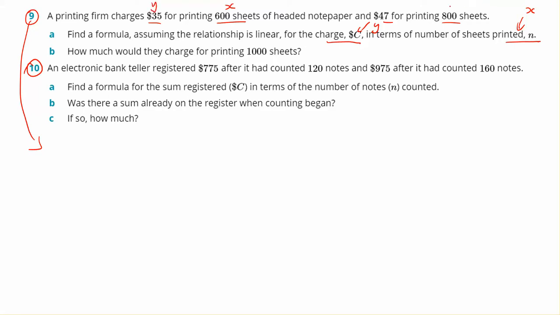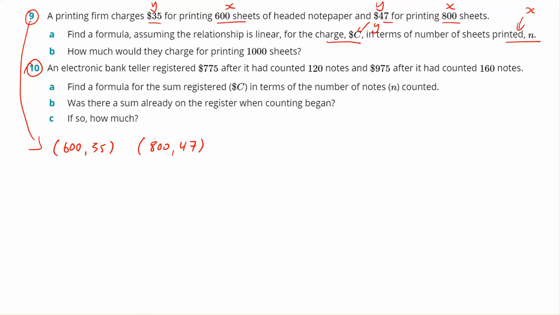When x equals 800, y equals 47. So essentially what you have is two data points. Okay, so we've got 600, 35, and the order is important, so just don't mess this up, and the other one is 800, 47.